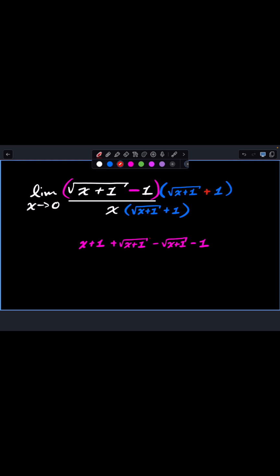Notice here that the square root of x plus 1 and the minus square root of x plus 1 will cancel each other out. Now the denominator, we usually leave alone. Leave it as x times the square root of x plus 1 plus 1 for a moment. Why we do that is sometimes we don't need to mess with it because it's easier to just leave as is.